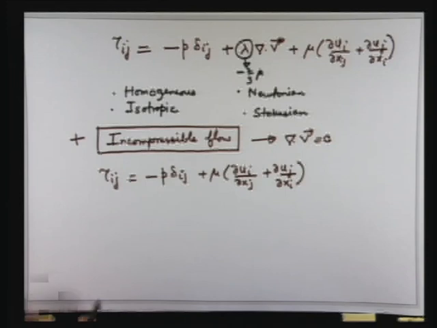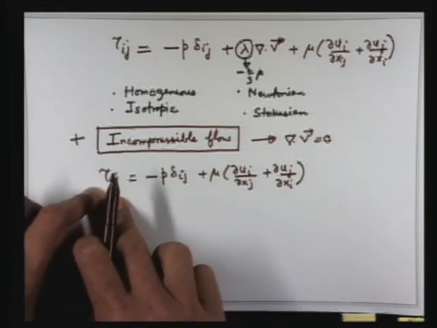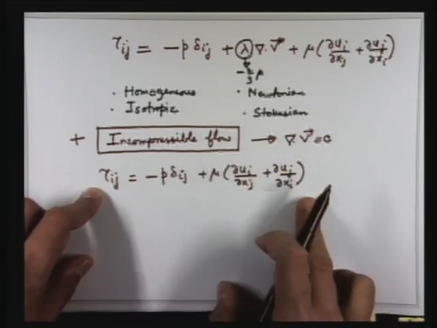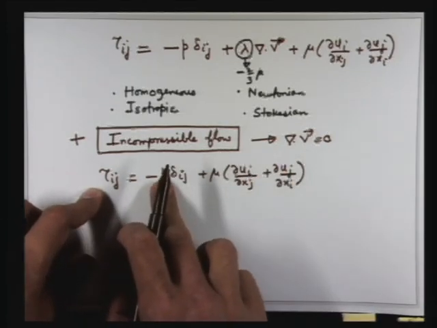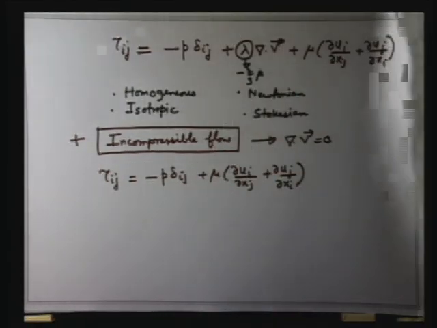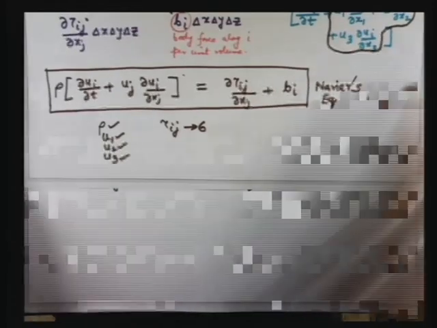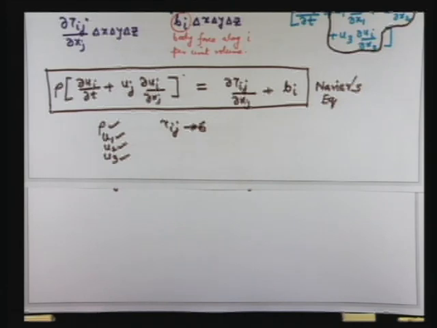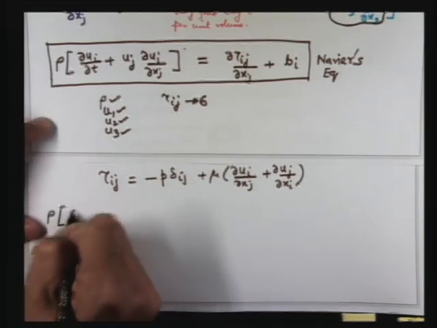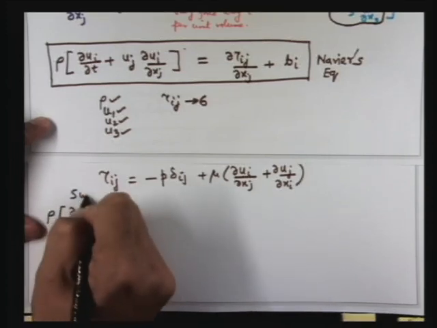Now we have been able to express tau ij in terms of the velocity gradients and pressure. So let us substitute this equation in the Navier's equation. Let us recall the Navier's equation. In the Navier's equation we will substitute the expression for tau ij: rho del ui del t.